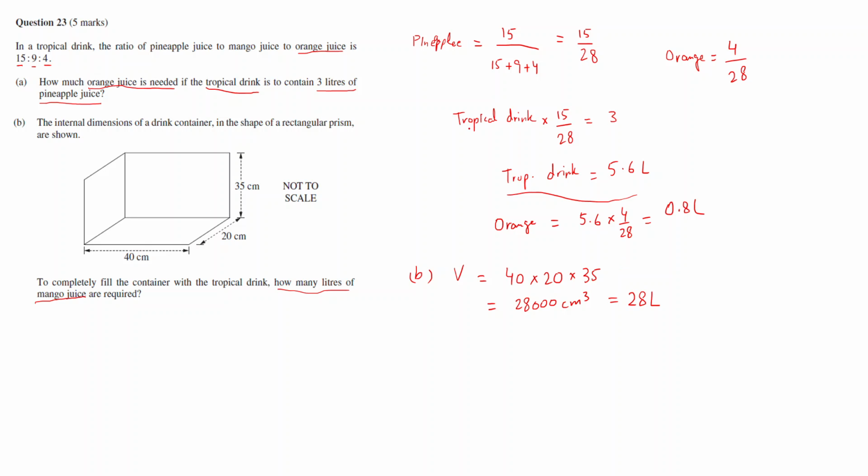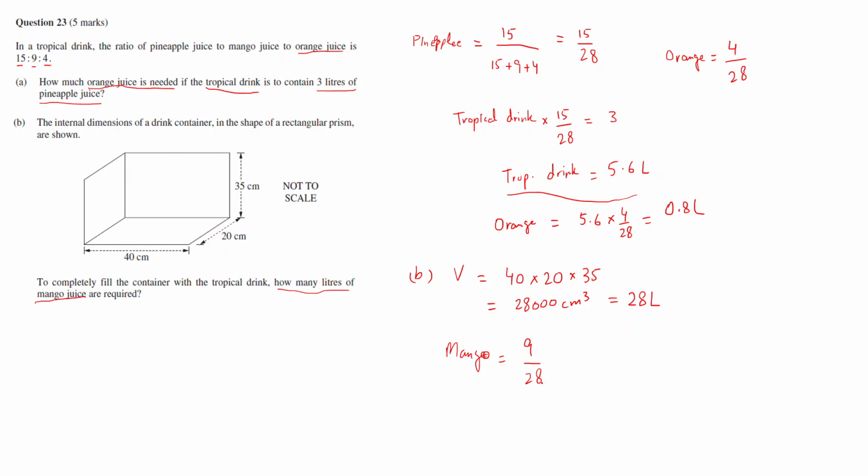Now you know this is the size of the overall tropical drink that can fit. So to work out how much mango juice is required, we'll figure out the proportion just like we did for orange and pineapple. Mango's proportion is 9 divided by 28.